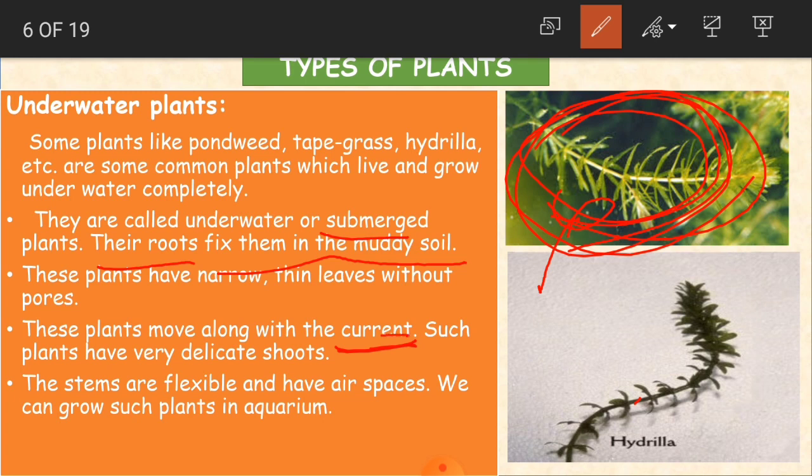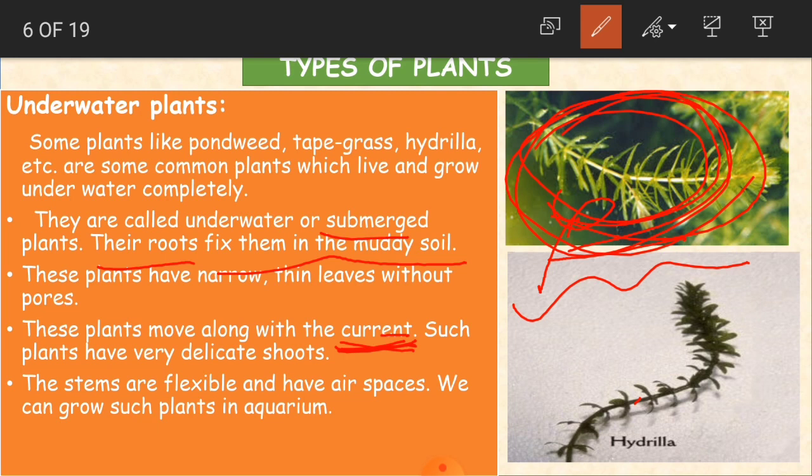Even water has current: according to gravity, the water also moves. Can you see the movement of the water, children? Water also moves, no? So that current, we are talking about that current. As the water moves, even the plant also moves along with the water.